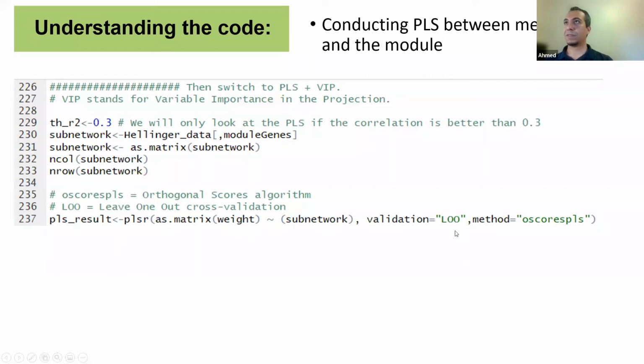And you specify that you want to do cross-validation, the leave-one-out cross-validation, and use the orthogonal scores. Orthogonal scores should be something that you already know now, because in ordination each dimension is orthogonal to the next dimension. So this is the first dimension and second dimension, and then the third dimension, fourth dimension, etc.